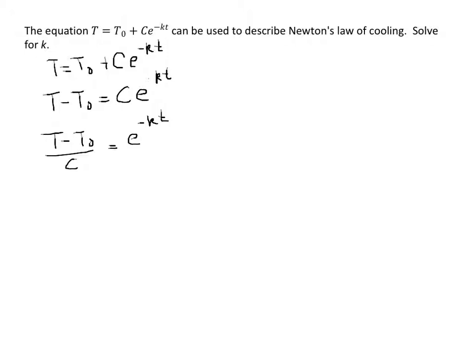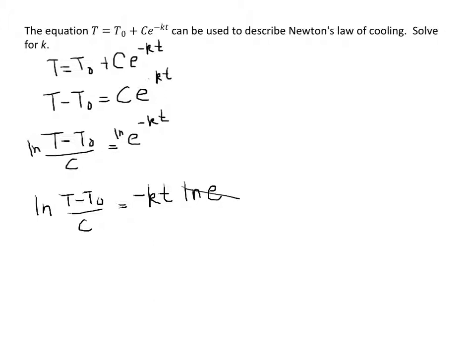Once I get here, I can take the natural log on both sides. And when I do, this moves out in front. And of course, the natural log of e is just 1.